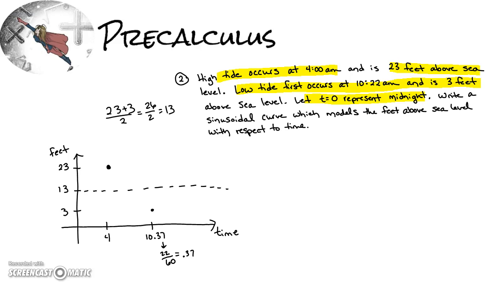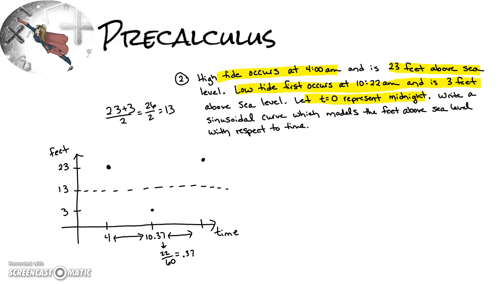Now the last high tide, because we need one more maximum on here to have a complete picture, I could just find the distance between 10.37 and 4, which is, if you subtract those, it's 6.37. So then if I just add 6.37 onto 10.37, that'll give us our ending point.